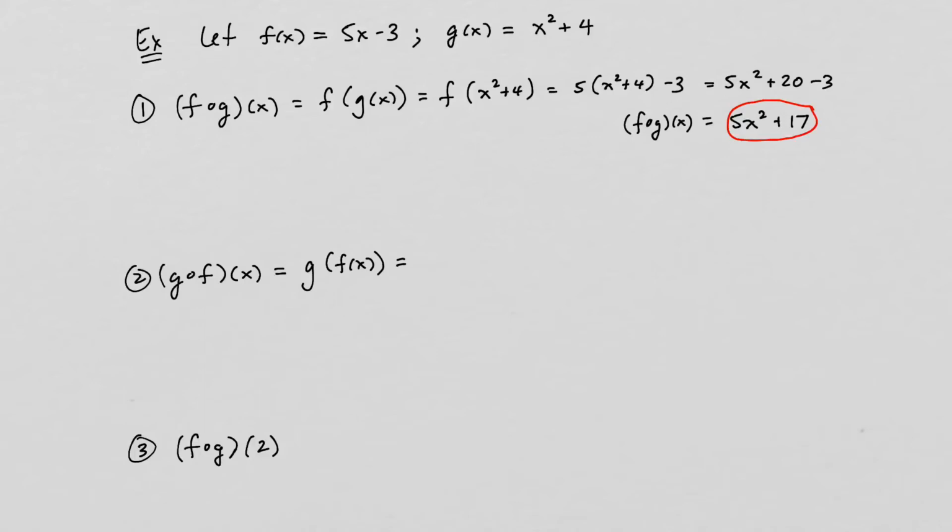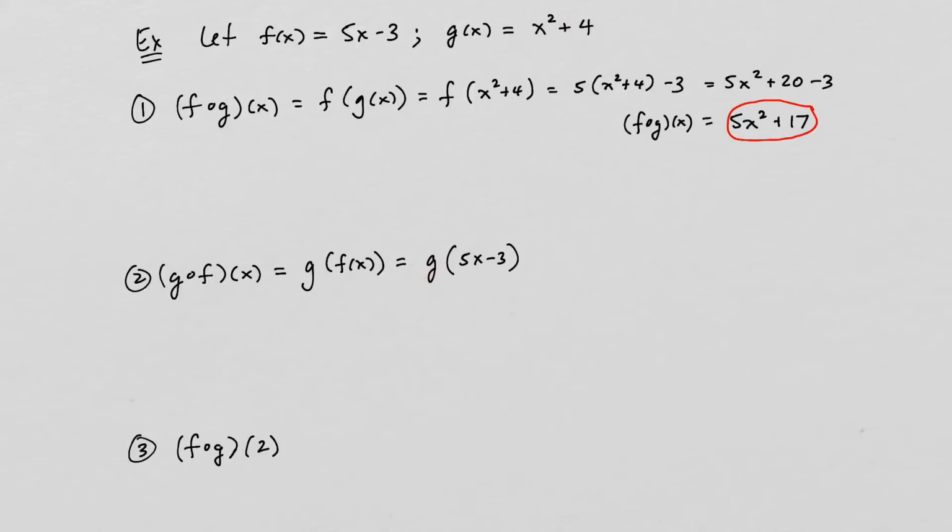By definition, this is equal to g of whatever f of x is, and f of x is 5x minus 3. And then how do we do g of anything? Well, the rule is right here. G of any number x is that number squared plus 4.